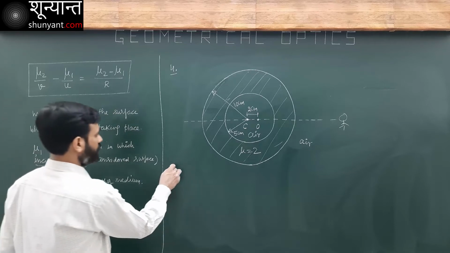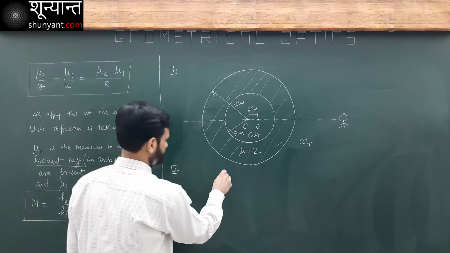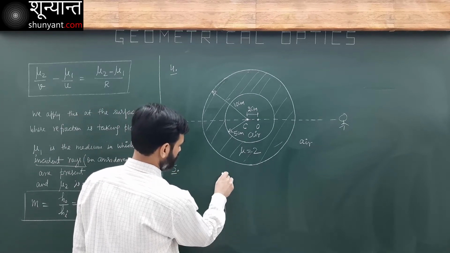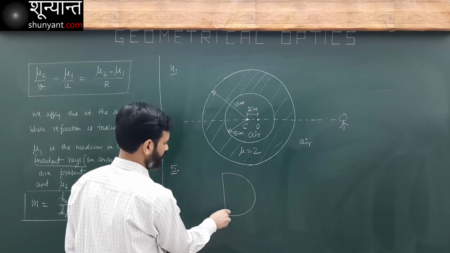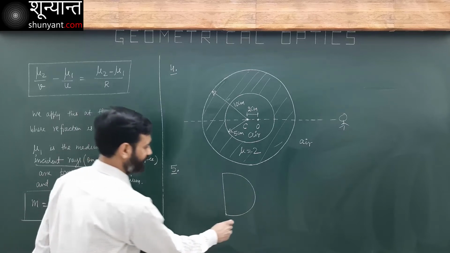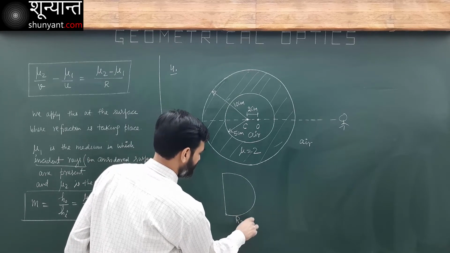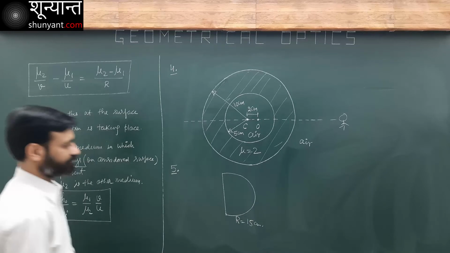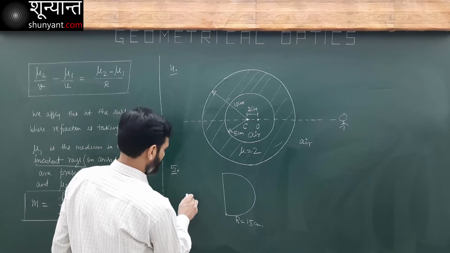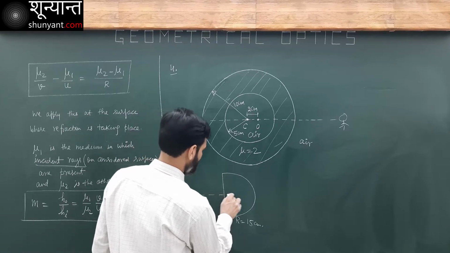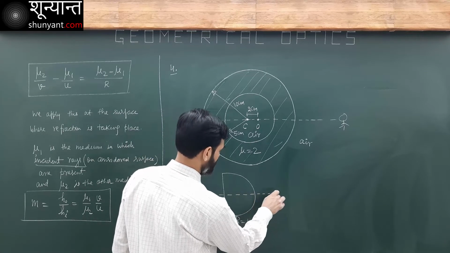Now let me give you one more problem. What is this? A hemisphere. What is the radius? The radius is 15 centimeter. And you see my object here.